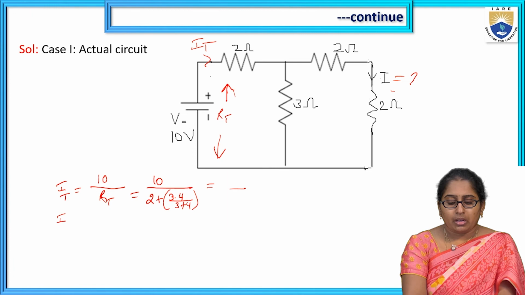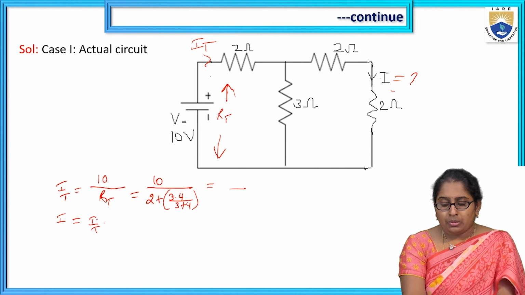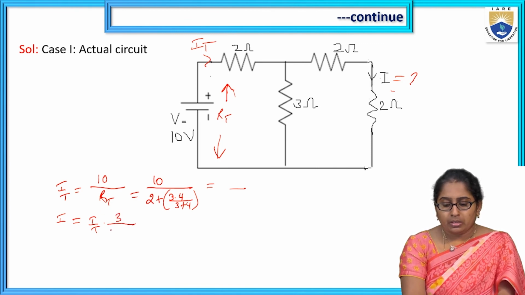Then I is given by IT into 3 by 3 plus 4. So that is the I value.